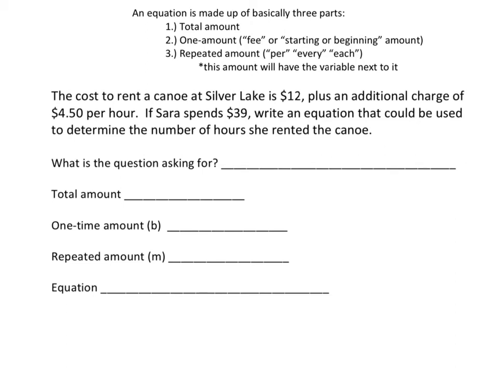So here's our first example. The cost to rent a canoe at Silver Lake is $12, plus an additional charge of $4.50 per hour. If Sarah spends $39, write an equation that can be used to determine the number of hours she rented the canoe. So the first thing we're going to answer is, what is the question really asking for?